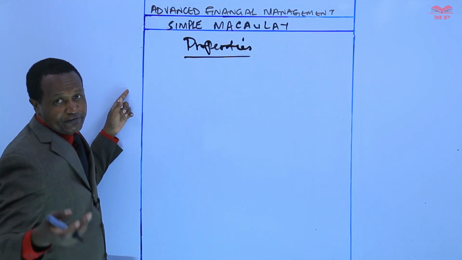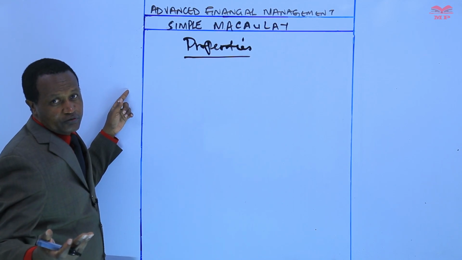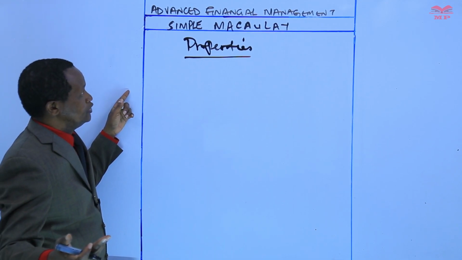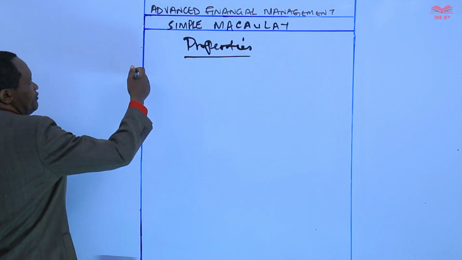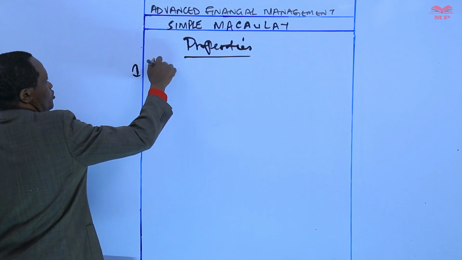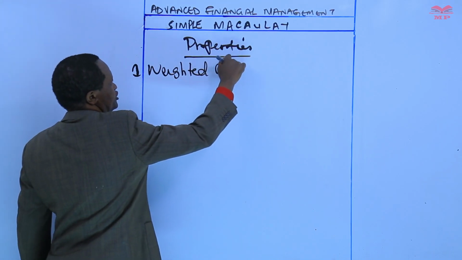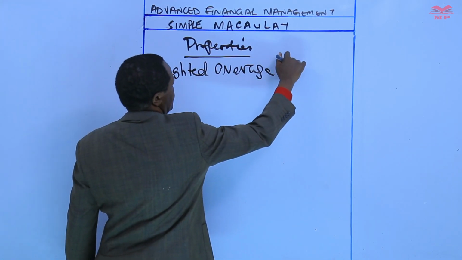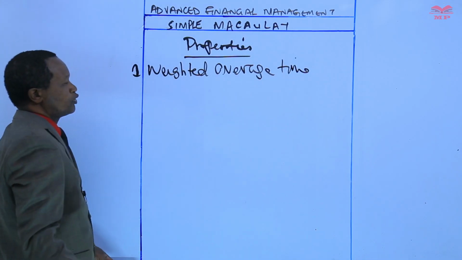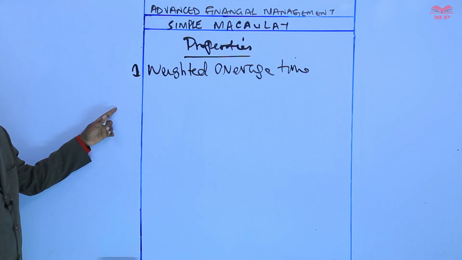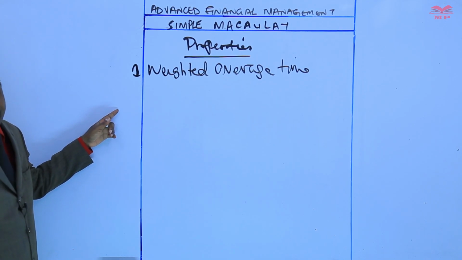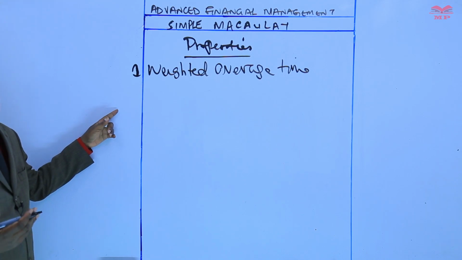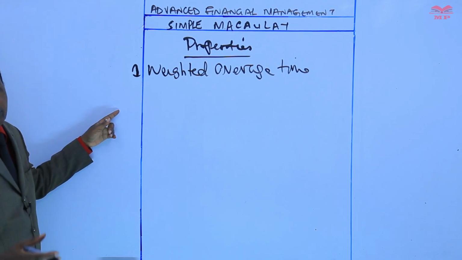The first property of the Macaulay duration is the weighted average time. Macaulay duration measures the weighted average time until a bond's cash flows are received. So the weighting, we know, is based on the present value of those cash flows.